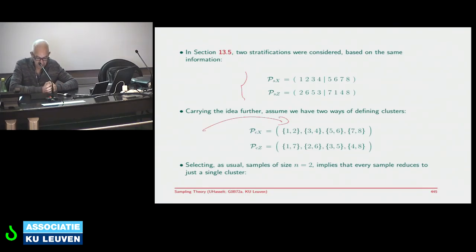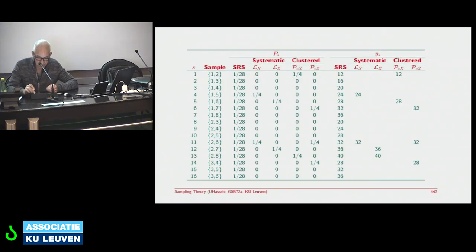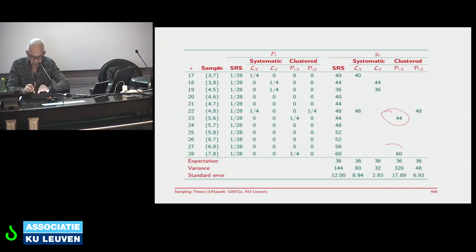And we select samples of size 2, which is that we select a single cluster. Since there are 4 clusters, there are 4 samples possible in every case. And that's what they are. 1, 2, 3, 4, 5, 6, 7, 8. So in the clustered columns, you're not going to have 28 options, you're going to have only 4.